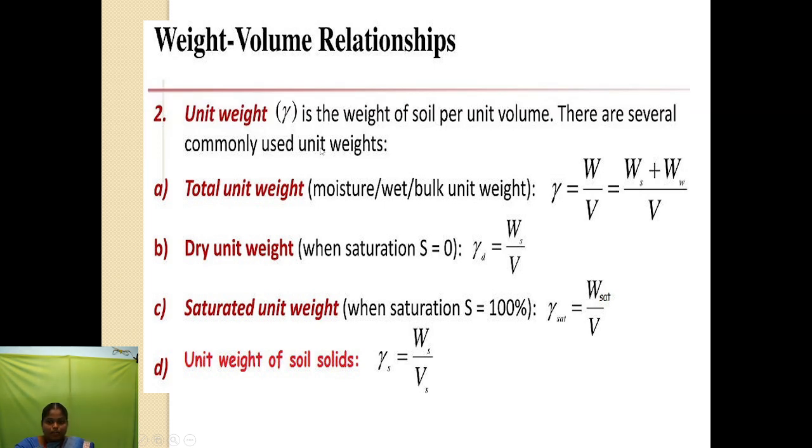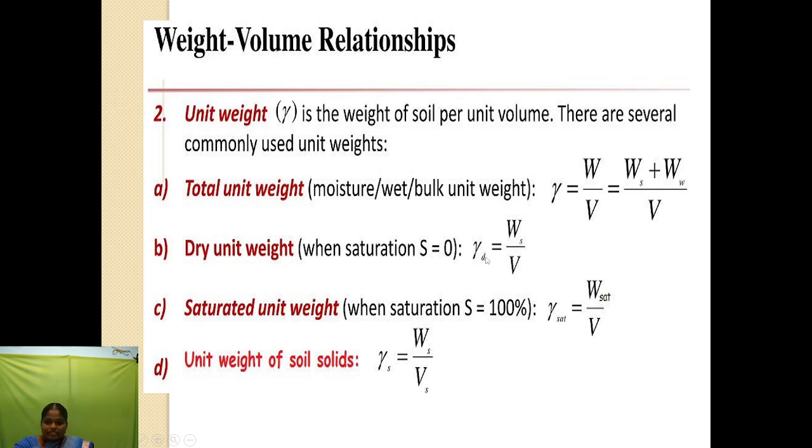Unit weight is the weight of soil per unit volume. There are several commonly used unit weights: total unit weight, dry unit weight, saturated unit weight, and unit weight of soil solids. All these formulas are used to calculate soil properties. So total unit weight, symbol γ, equals weight by volume.